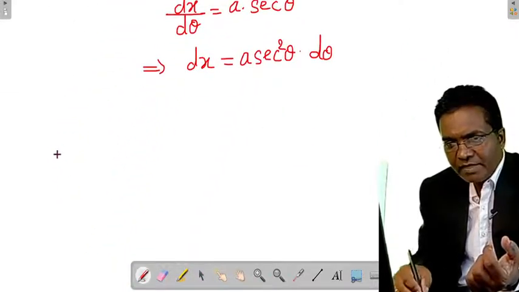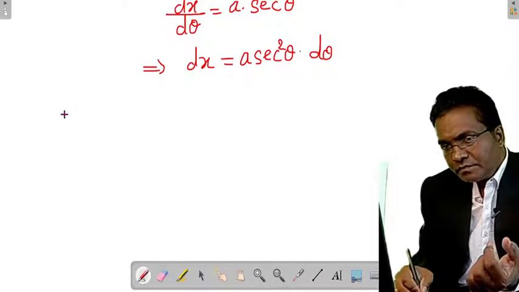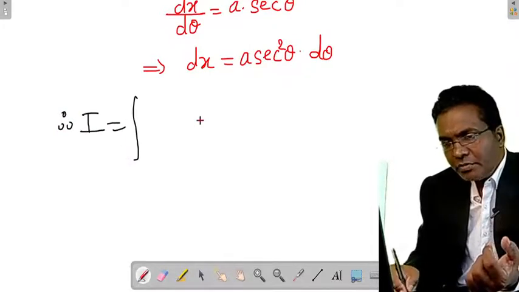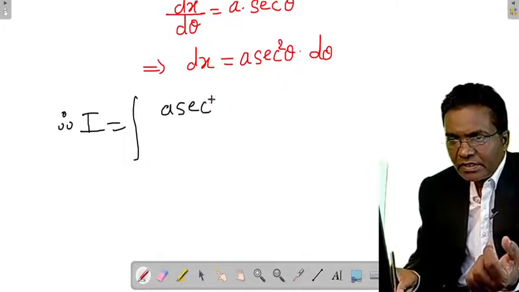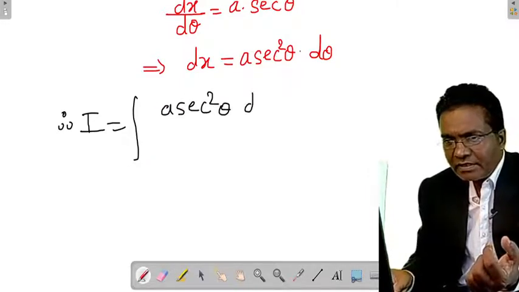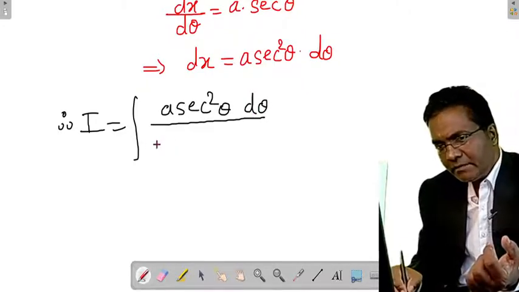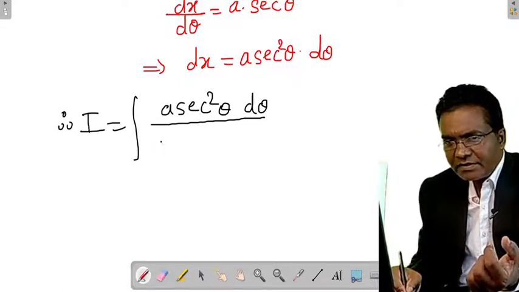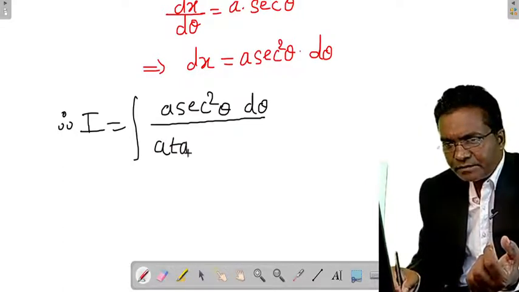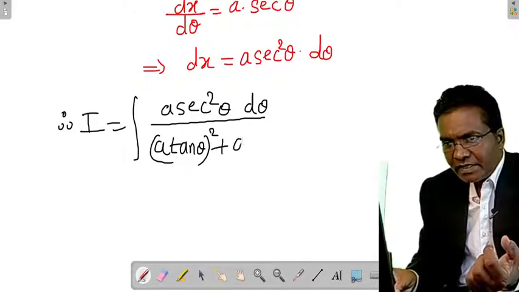And this is your x, meaning a tan theta, and a square remains a square as it is. So therefore I becomes, in the numerator we had dx, that is a secant square theta d theta, divided by x square. Okay, x square means x is a tan theta, plus a square.